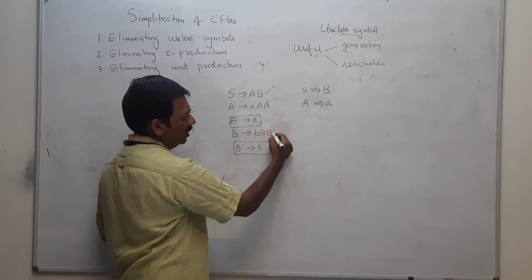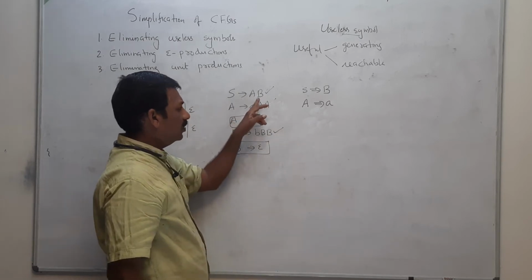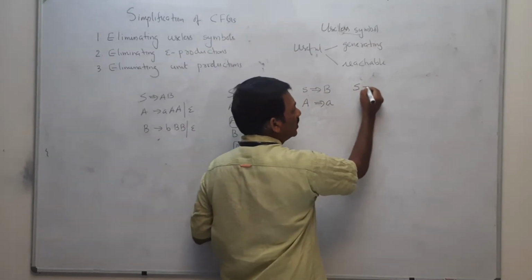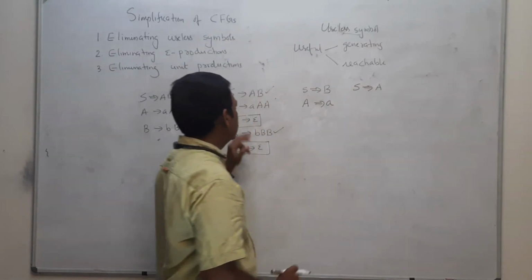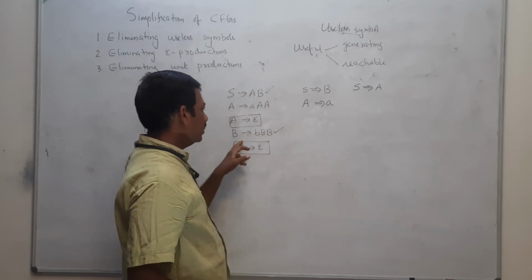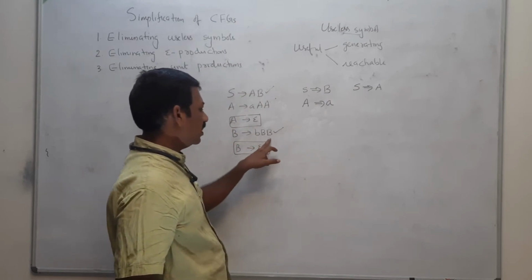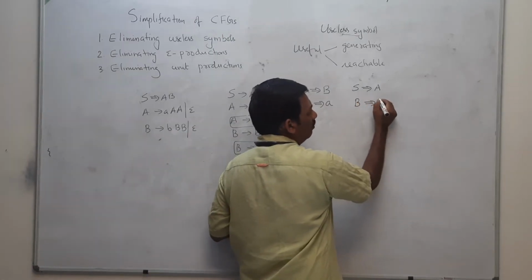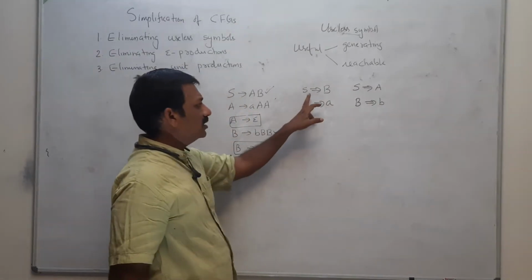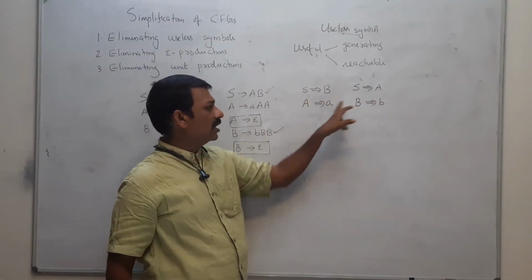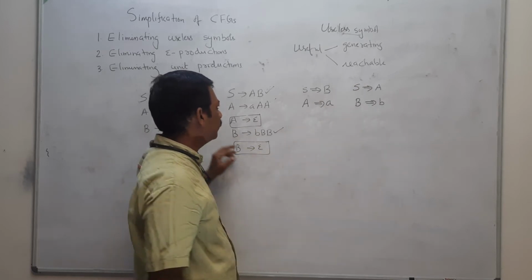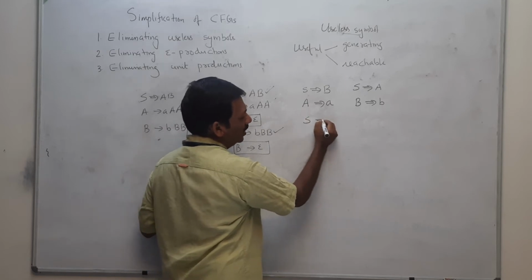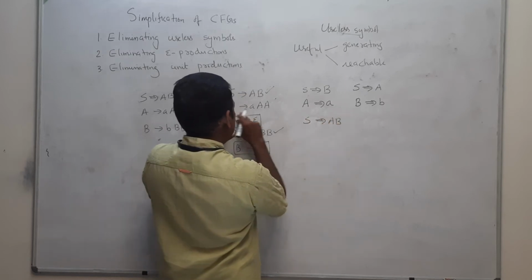So this is having B and this is also having B. Then when you are replacing this B with epsilon, this becomes S derives A. And when this B is replaced with epsilon, this will be B derives B. That means S derives B, S derives A, A derives A, B derives B, and you should also have S derives AB.